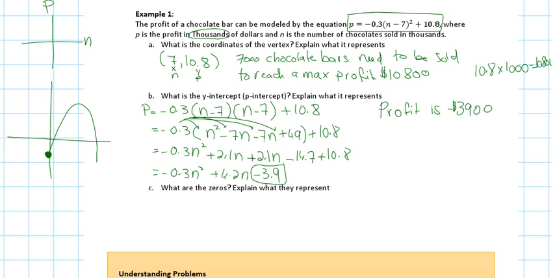So when I'm asked for the y-intercept, that means my x value is 0. Why did we stop here? Because that's the standard form, and the standard form gives me the y-intercept. Right?